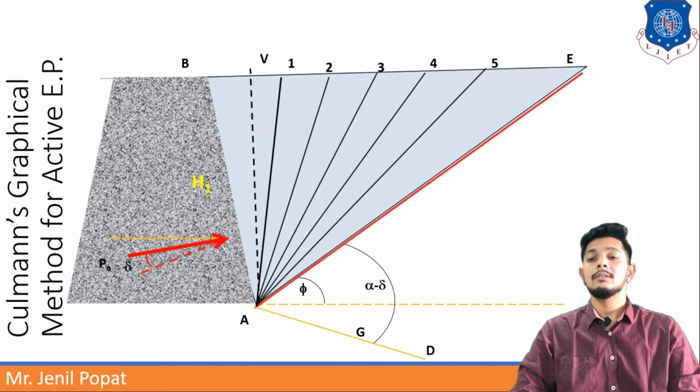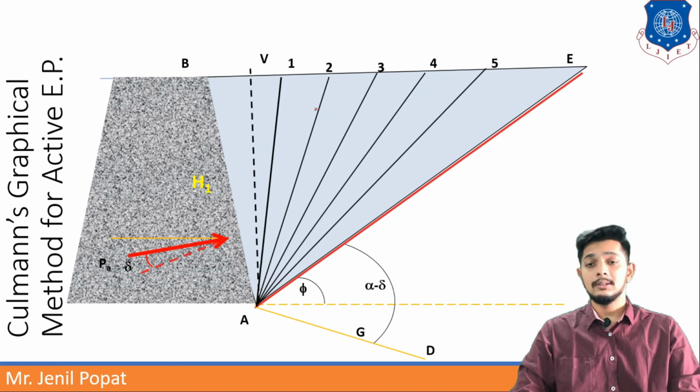AB1, there is one wedge. So I will draw one arbitrary plane A1 and calculate its weight. After calculating its weight, I will draw 5 wedges of the same weight like A12, A23, A45 and A5E, like this.